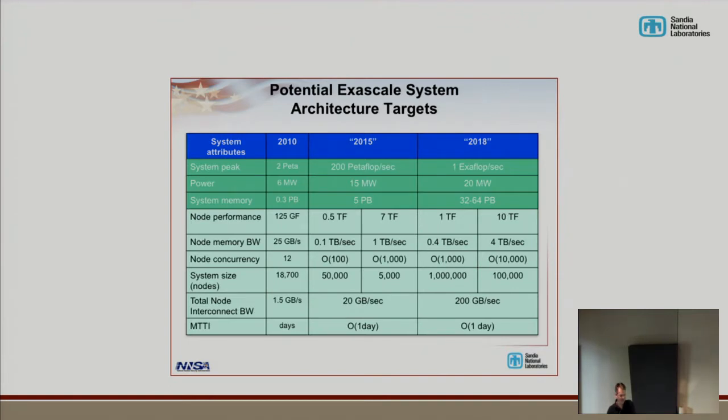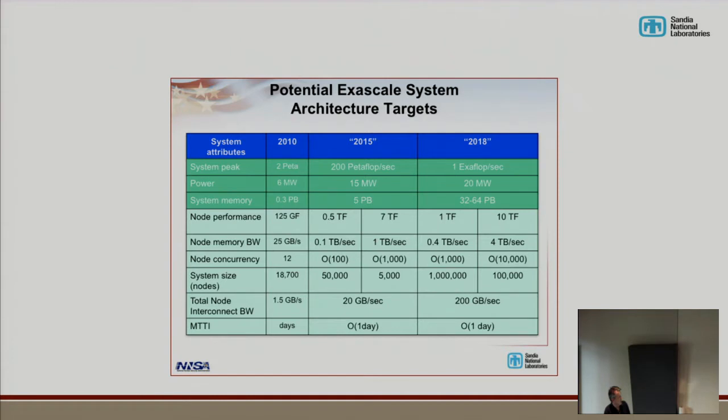So this was our slide on the potential exascale architecture targets. Now, again, this is not my data, so don't look at this slide and notice that it was way off and think that I had anything to do with predicting what the exascale hardware roadmap was going to look like. This is something that I think the DOE labs put together as a result of a workshop where we talked about swim lanes and what the potential architecture targets would look like.